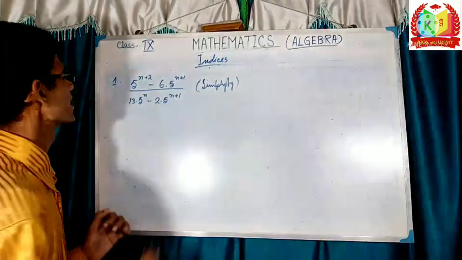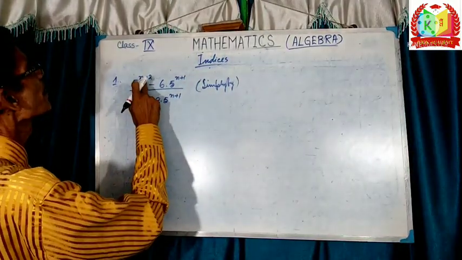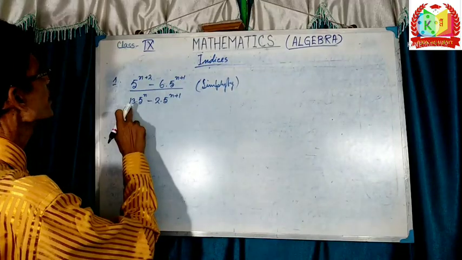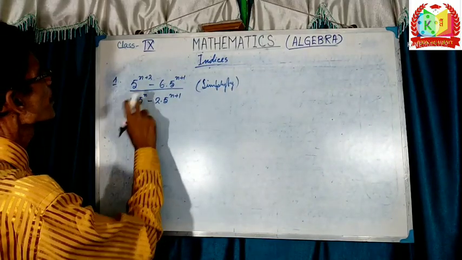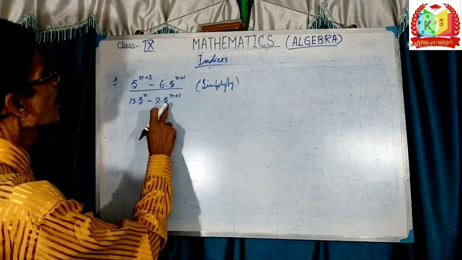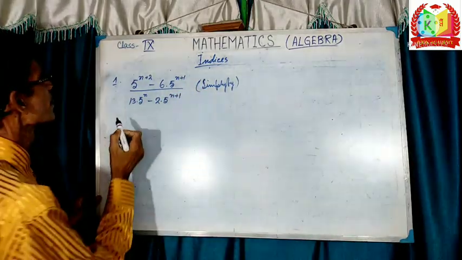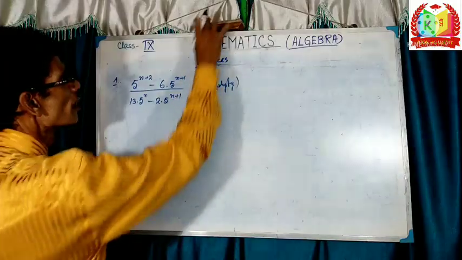Now I solve this. 5 to the power n plus 2 minus 6 into 5 to the power n plus 1, by 13 into 5 to the power n minus 2 into 5 to the power n plus 1. Simplify.